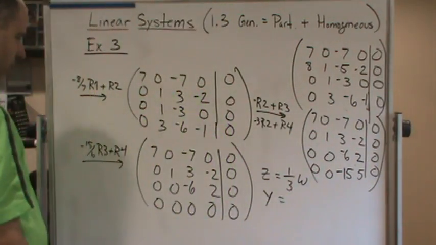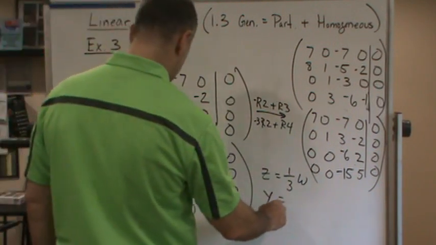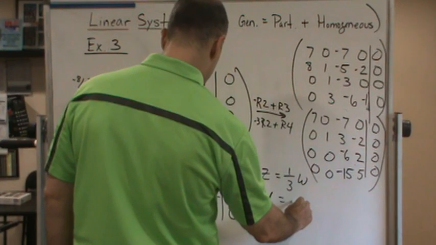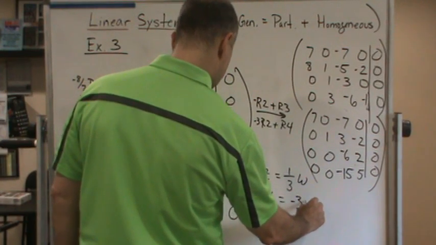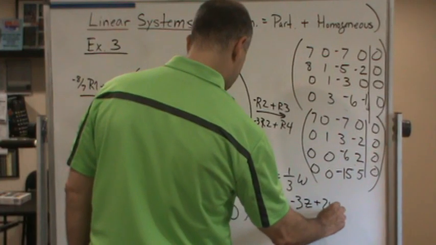Y is going to equal negative 3Z plus 2W.